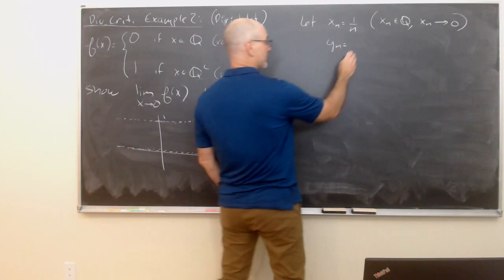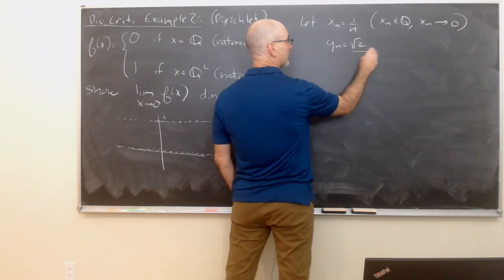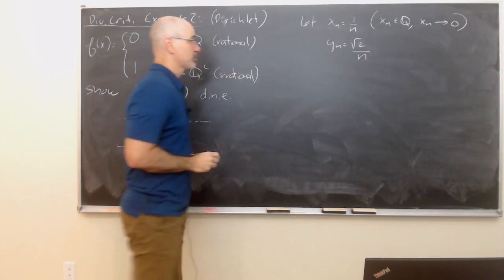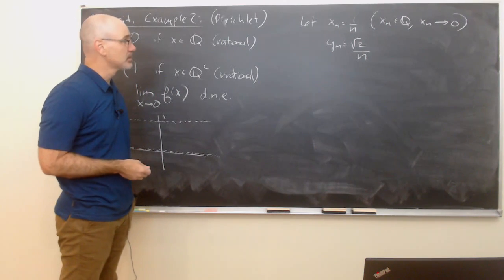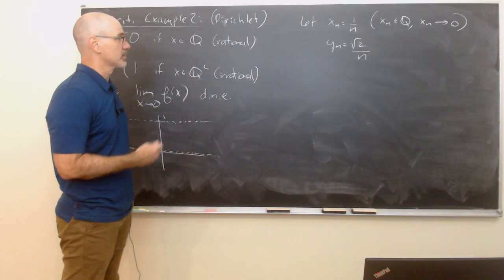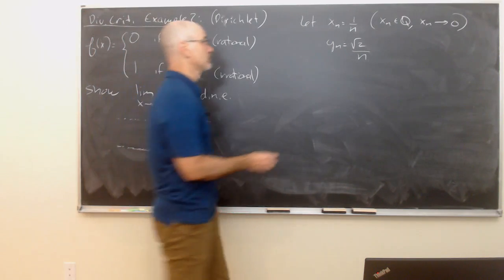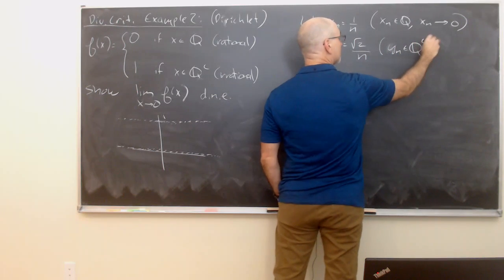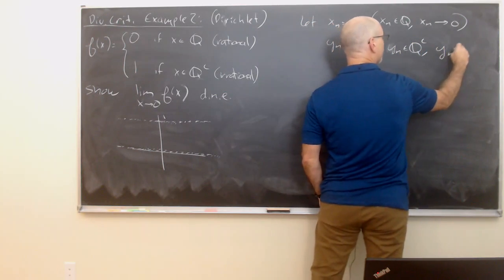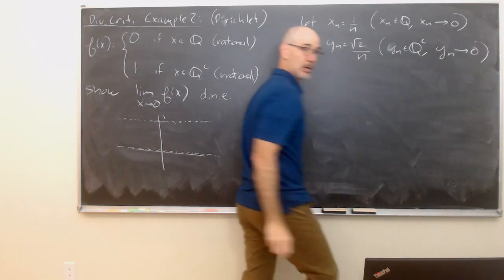I think we've proven that square root of 2 is irrational. And we did a homework problem that showed that therefore square root of 2 over n, and it was a more general result, but square root of 2 over n has to also be irrational. So we have y sub n is irrational, but also tends to 0.